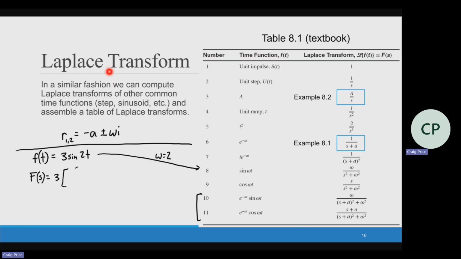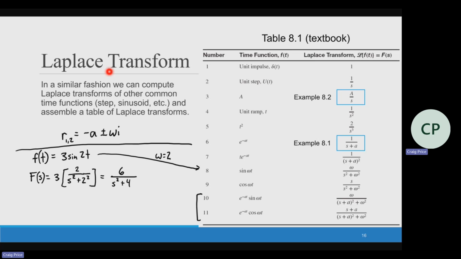So I get 2 over s squared plus 2 squared, which with 3 times 2 is 6. We get s squared plus 4 in the denominator. So using this table, if I have a function of 3 sine 2t, that's how I'm using the table. And so that would be the Laplace transform, 6 over s squared plus 4.